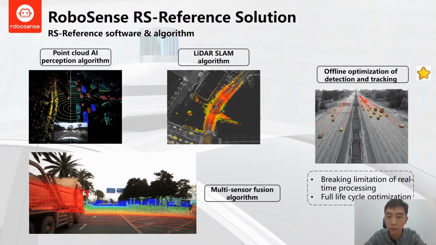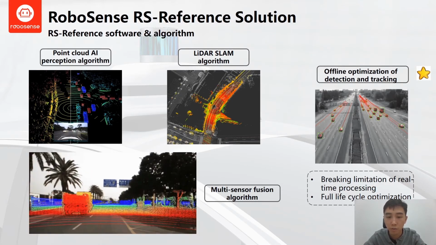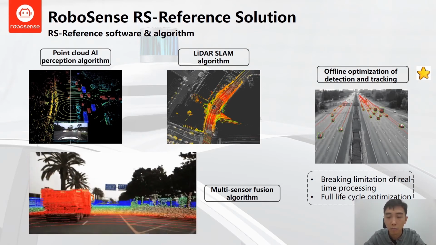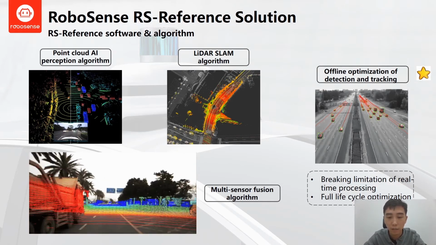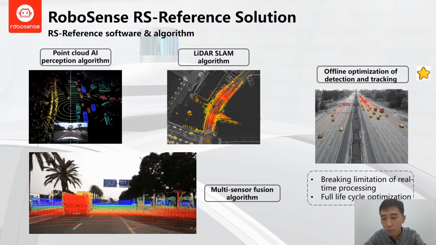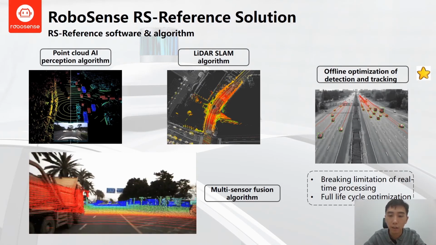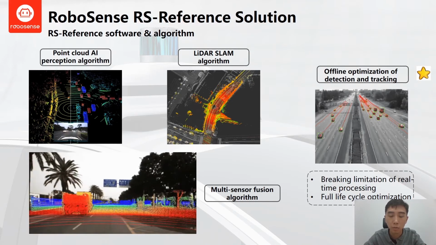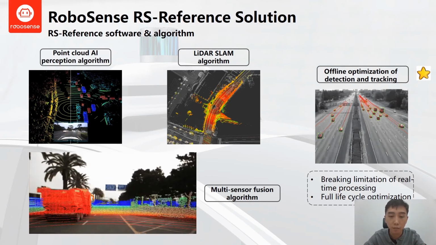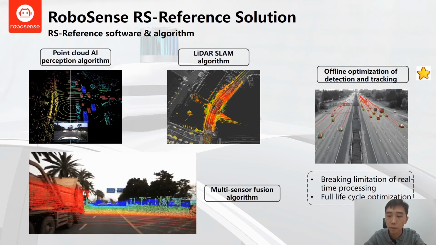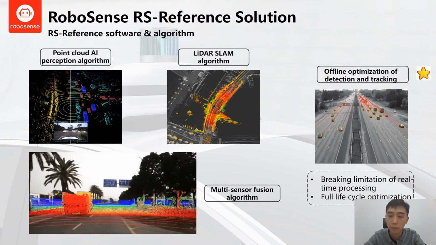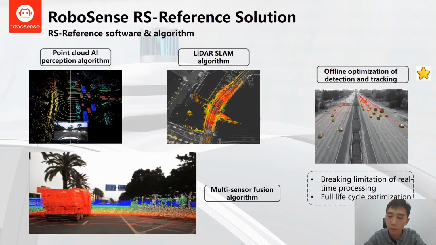We can just finish everything in 200, 300, maybe even 500 milliseconds or more, right? So we can get the most accurate result possible. So this is about the first thing, breaking the limitation of real-time processing.